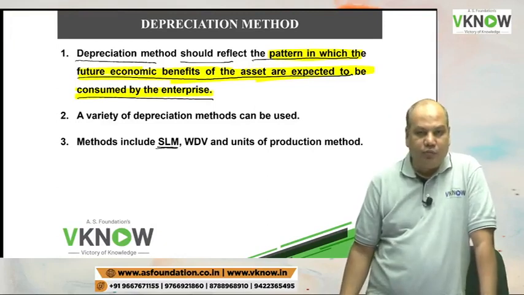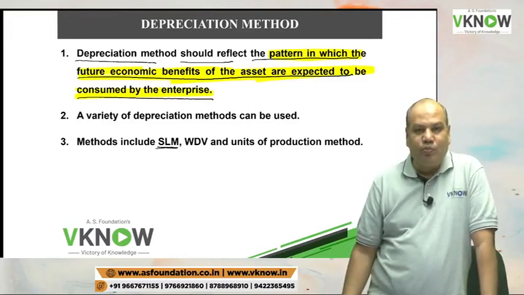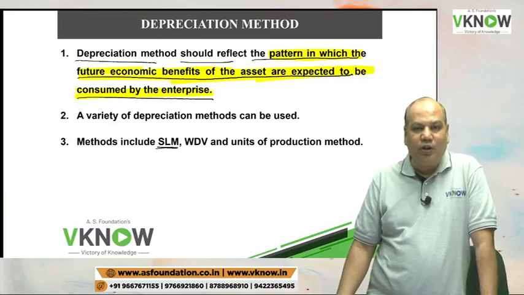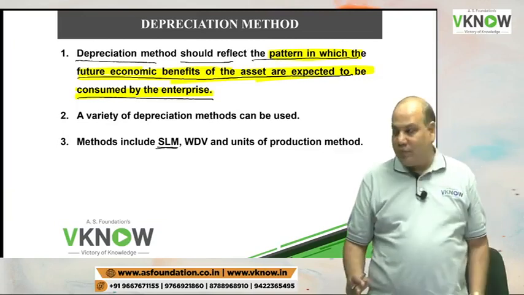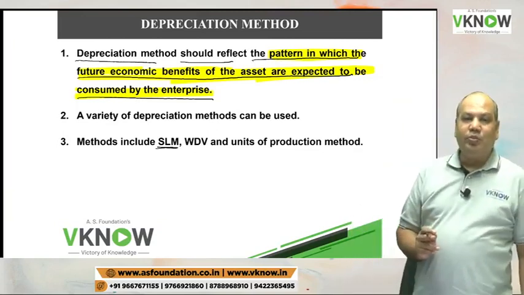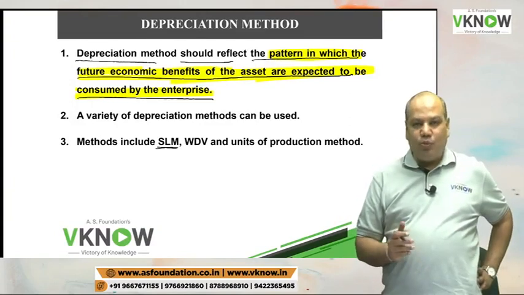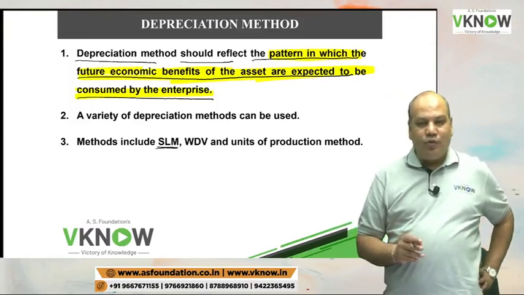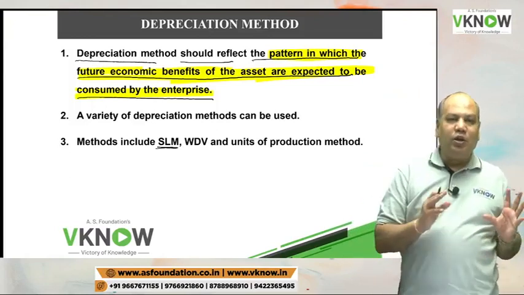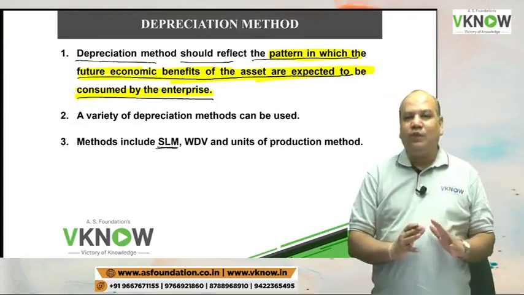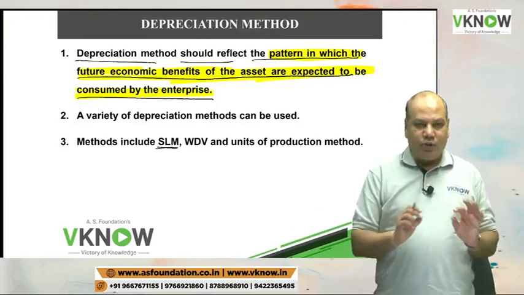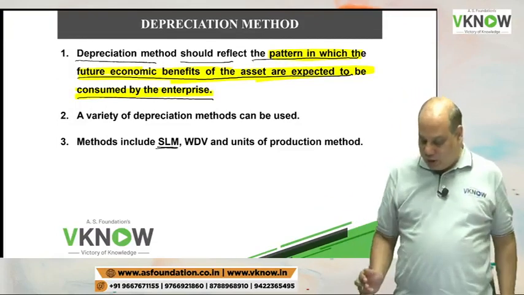for you. If the asset is going to generate more future economic benefit in the earlier year and less future economic benefit in the later years, then one can use WDV method. If the asset will generate equal future economic benefit in all the years, then one can apply straight line method.